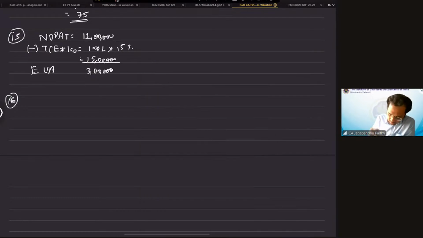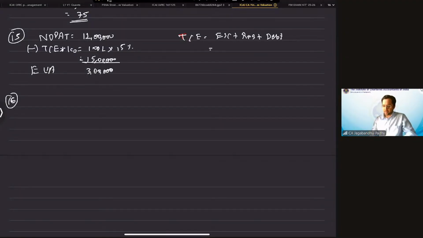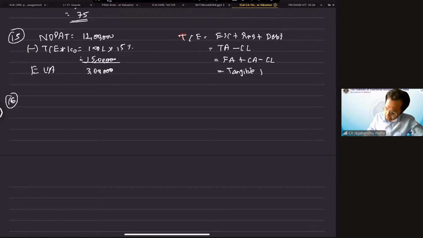So total capital employed could be equity share capital plus reserves plus debt. Or to put it the other way around, it is total assets minus current liability. Total assets will include your fixed asset plus current asset minus current liability, and your fixed asset is going to include the tangible assets as well as intangible assets.